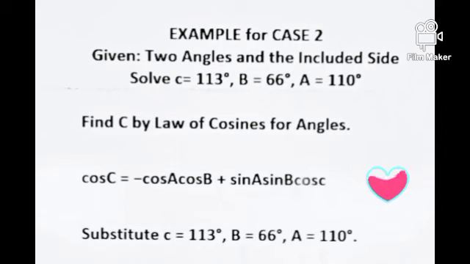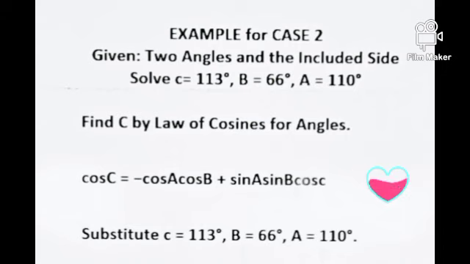We start with the law of cosines for angles to find the angle capital C, since the two other angles are given, angle A and angle B, and the side opposite angle C is also given, small c 113 degrees. So we find angle C by law of cosines for angles.